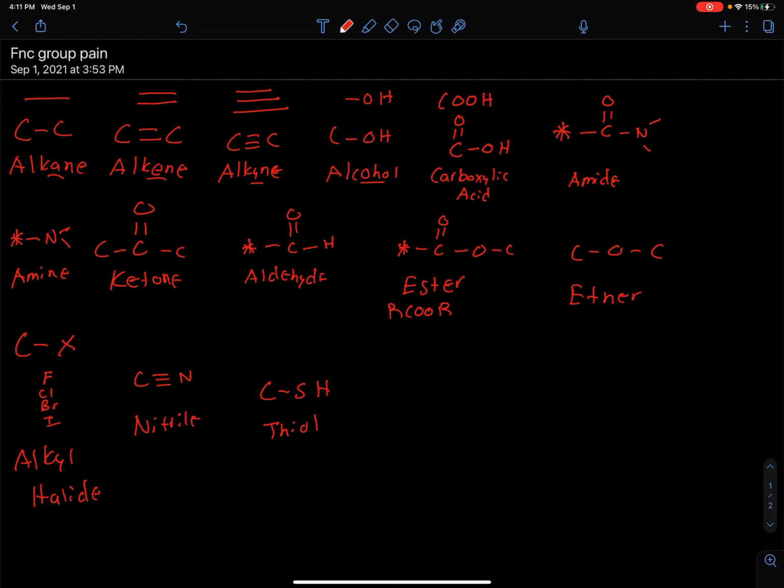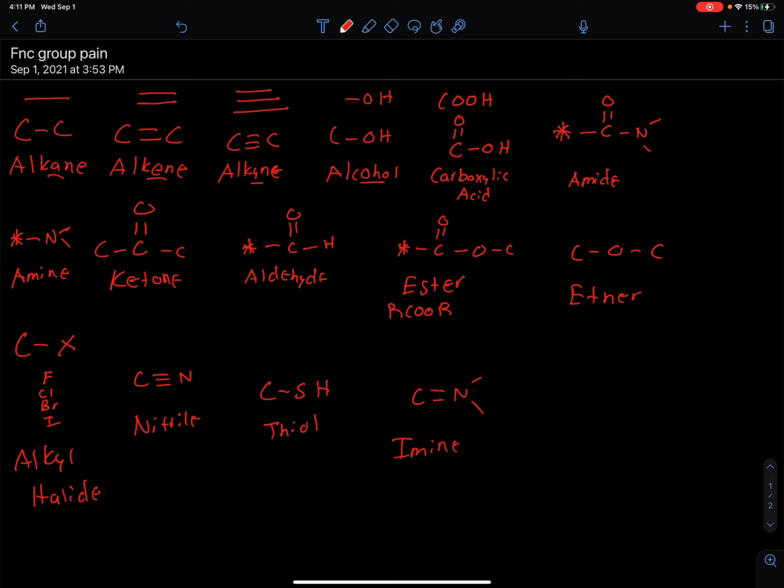After this, you're kind of grasping at straws, trying to find other things. You have things called imines. Imines are a carbon double bonded to a nitrogen that has two links out here. It's called an imine.